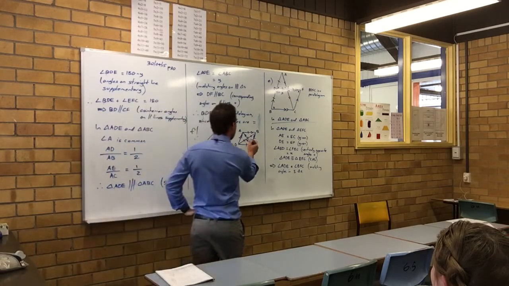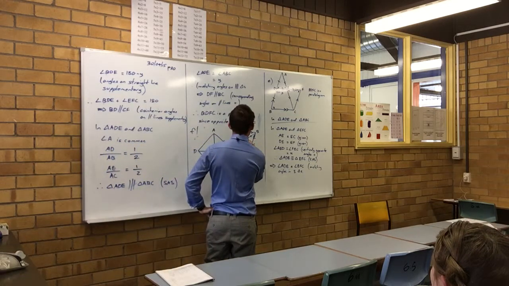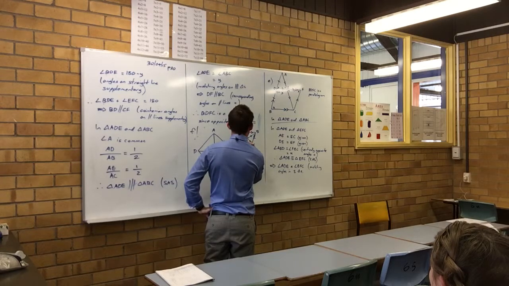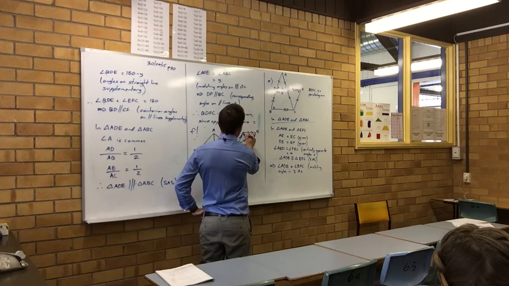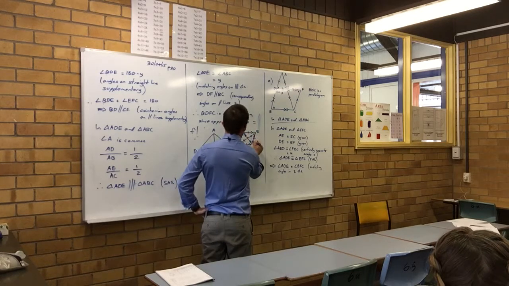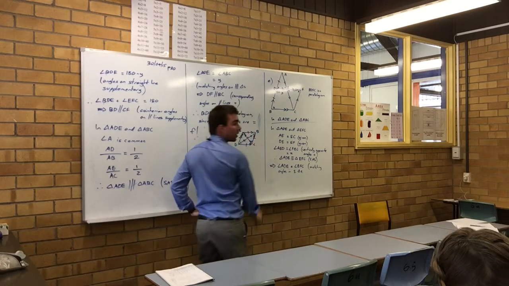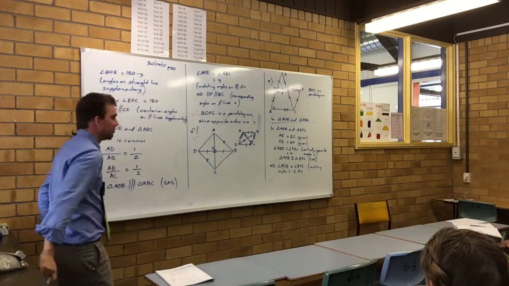And the angles where the diagonals bisect are all equal. Okay? In a nutshell.